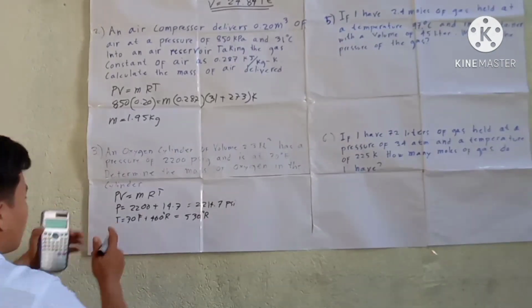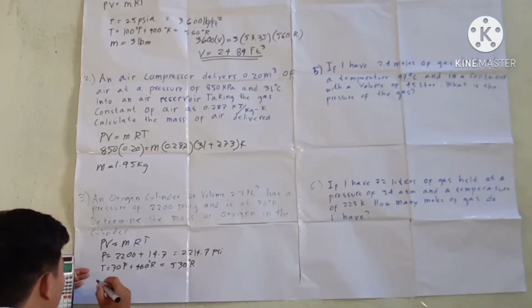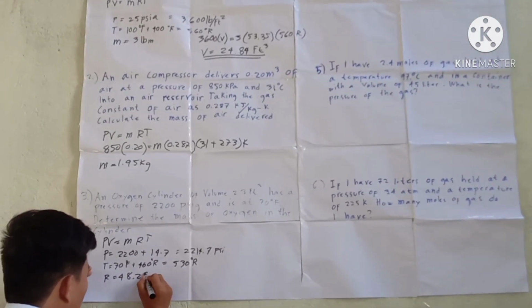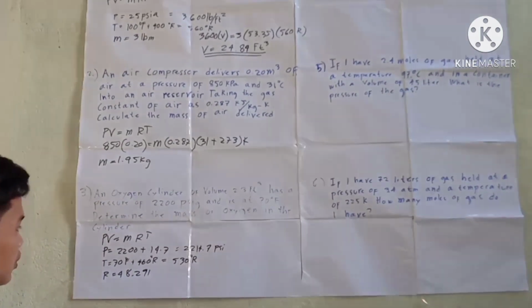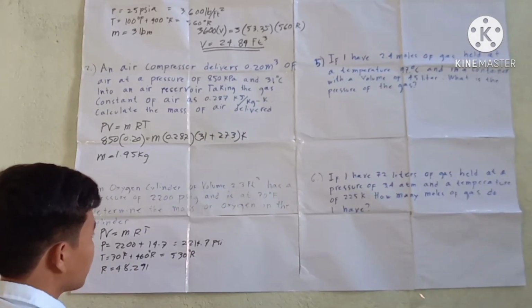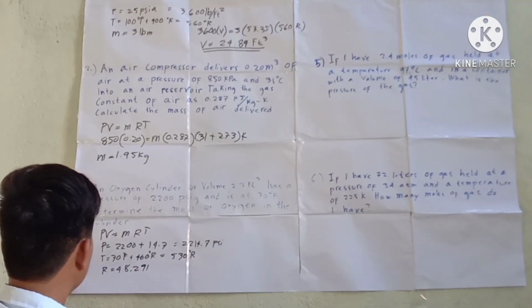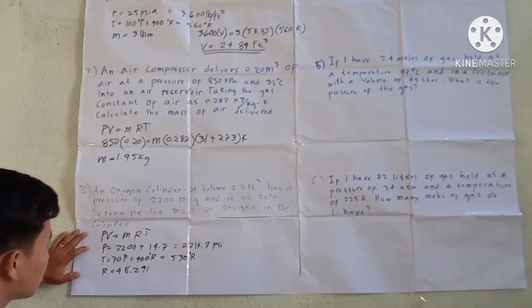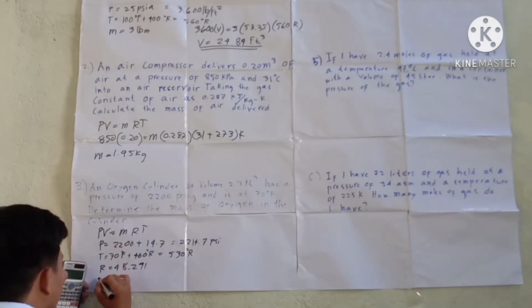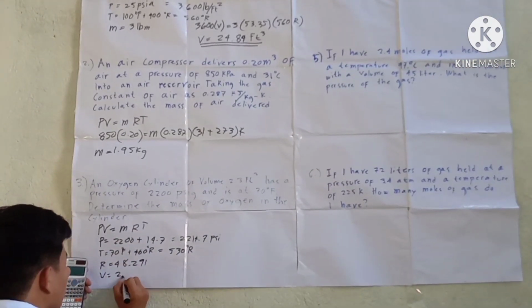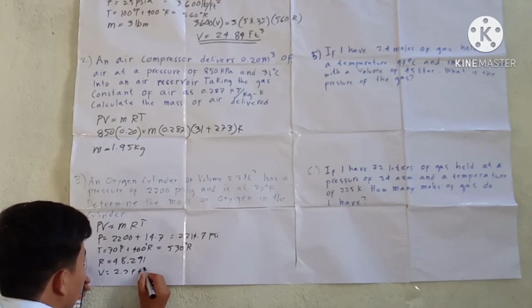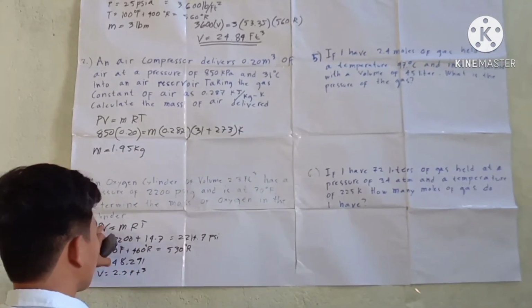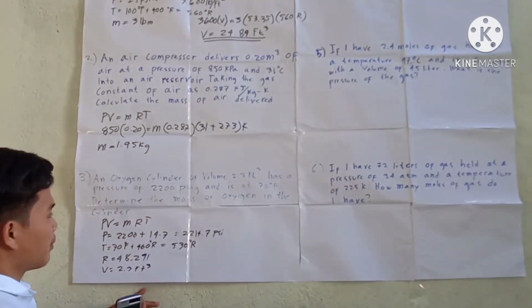Then the ideal gas constant of oxygen is R equals 48.291. Then since the pressure, temperature and gas constant are given, then the volume also is 2.3 feet cube. Then we can solve this by the formula of PV equals mRT.